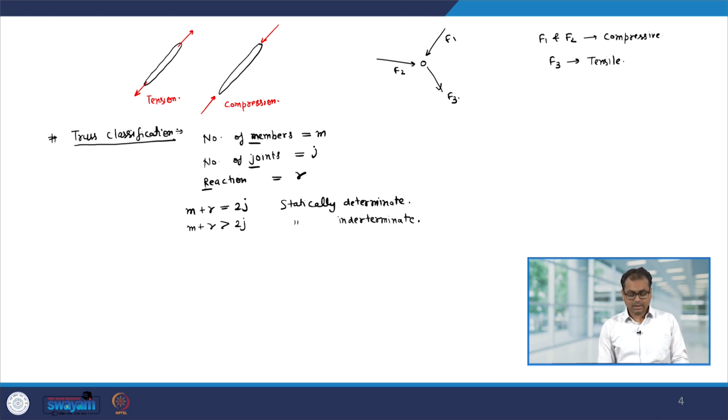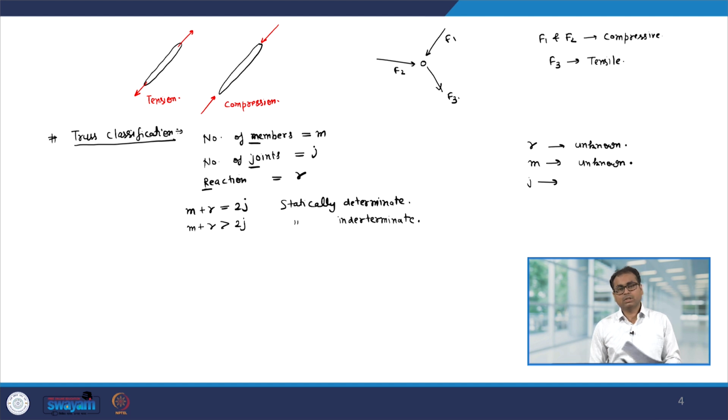And how do we get this condition? R is the reaction forces, and usually we do not know these reaction forces. So, if there are R reactions, then these R's are unknown. And if there are m members, there will be m forces which will act on it. Therefore, m is also unknown. Now, for every joint, there are j joints, and for every joint we have two scalar equations, Fx and Fy, because it is a planar structure.